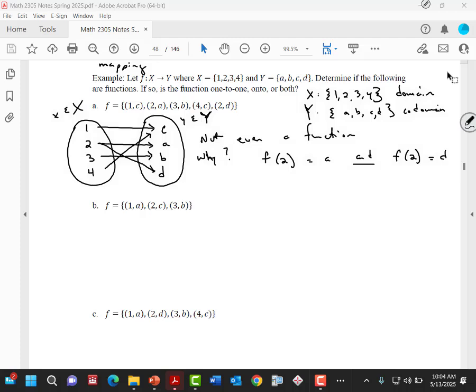Okay, let's take a look at another one. So I have my X and I have my Y. So 1, 2, 3, 4, and we'll just say A, C, B, D. We'll just go in alphabetical order.